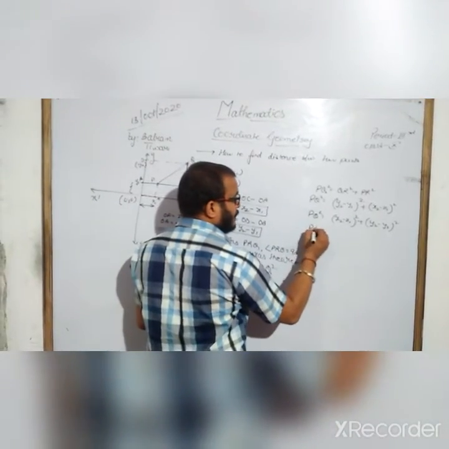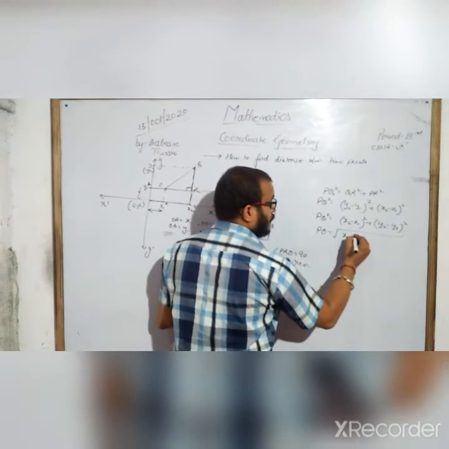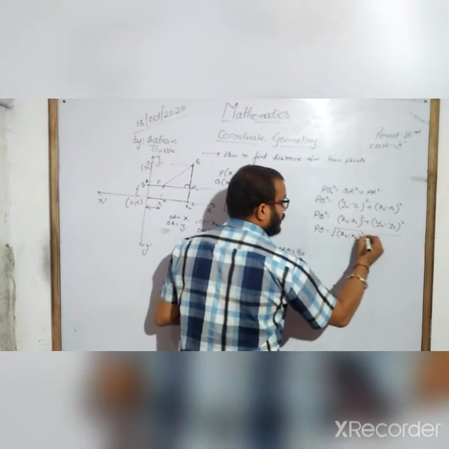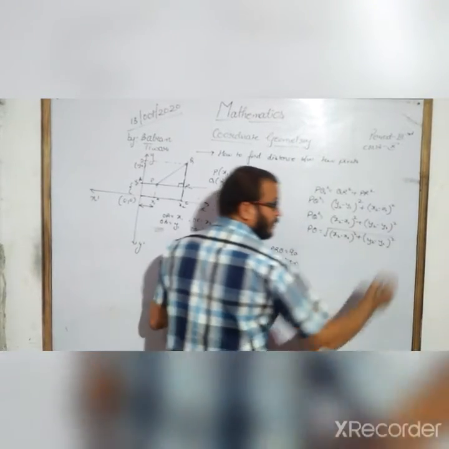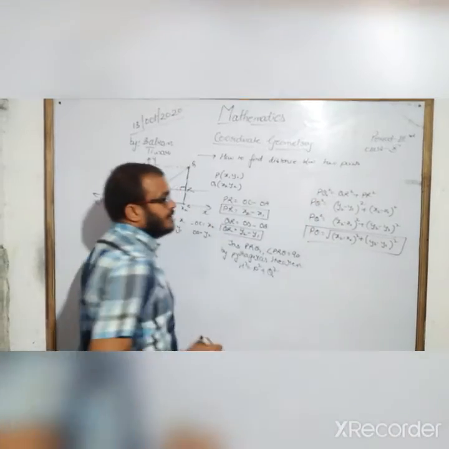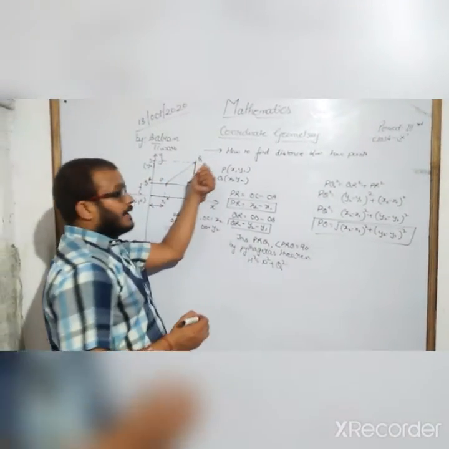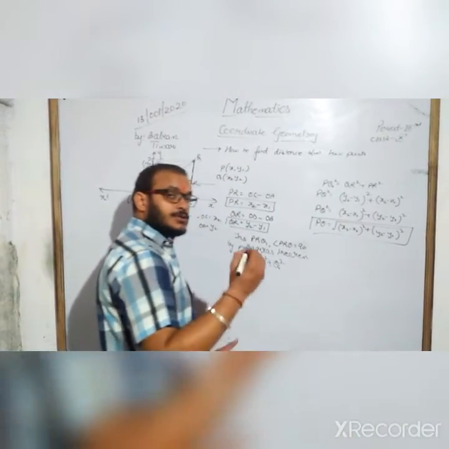So PQ becomes root over x2 minus x1 whole square plus y2 minus y1 whole square. This is the distance between the two points P and Q. This way, we can find the distance between two points.